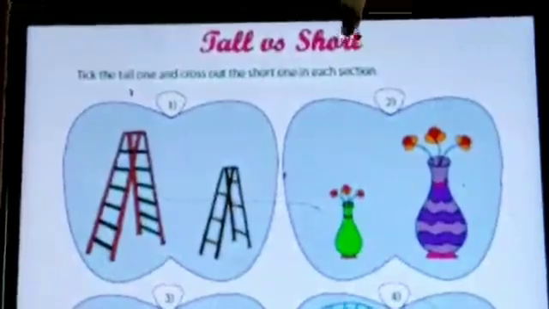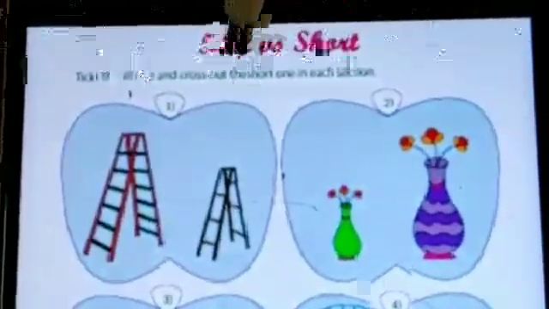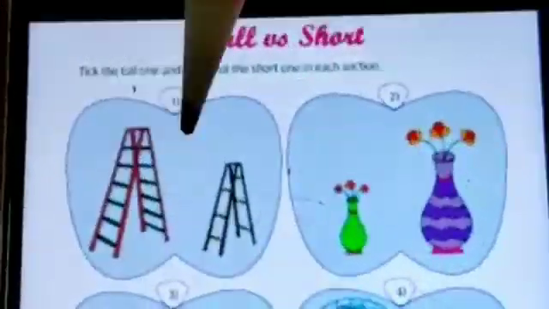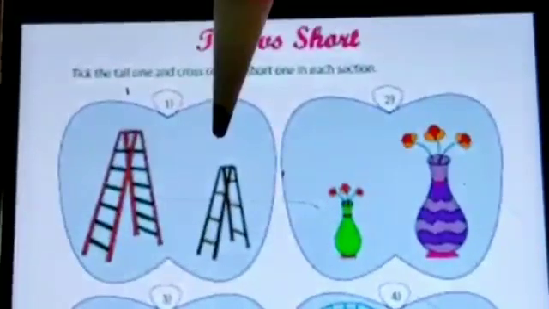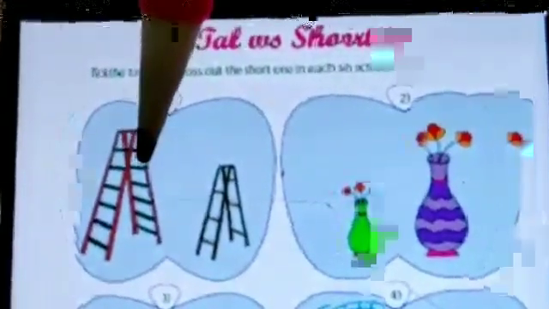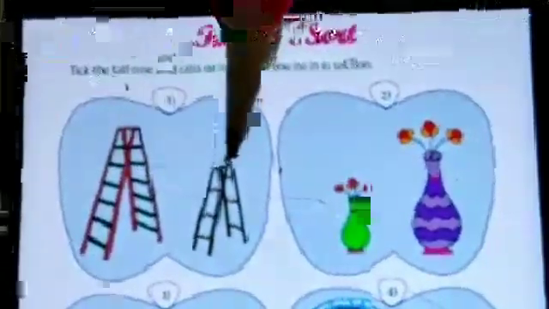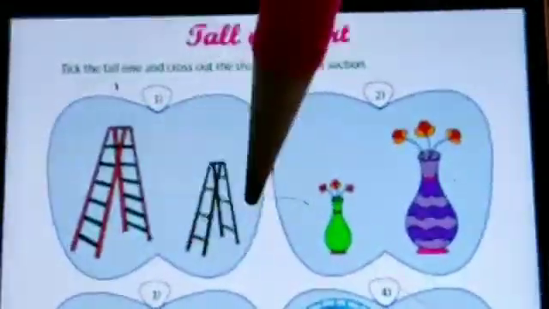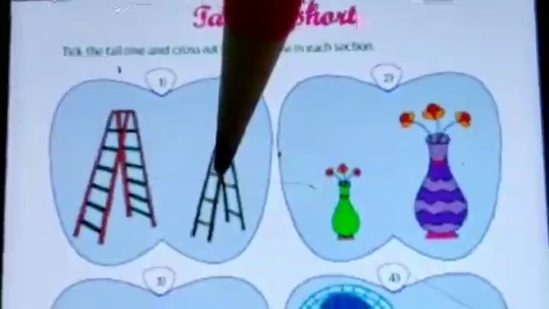We have to tick the tall object and cross the short object. These are pictures of ladders. Now which one is tall? The brown one or the black one? Yes, this one is tall. So we will put a tick mark on this and we will put a cross on this. Why? Because this one is short.